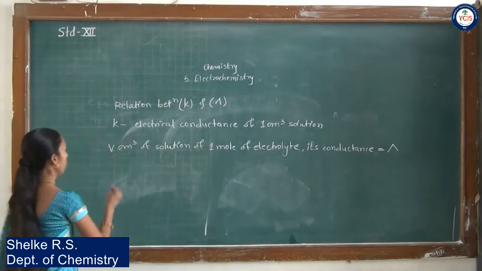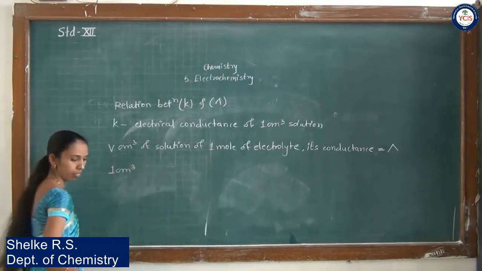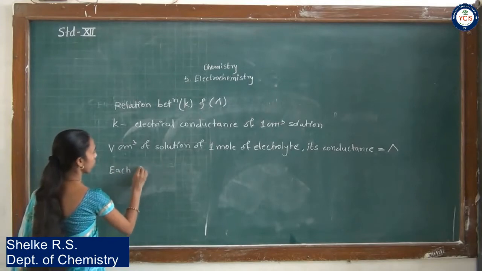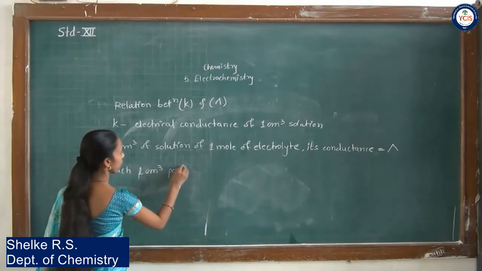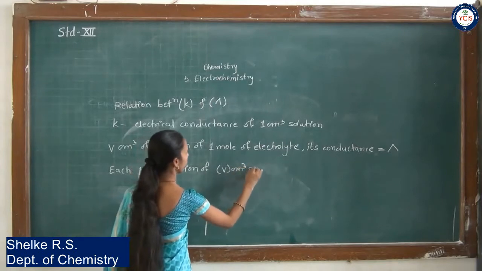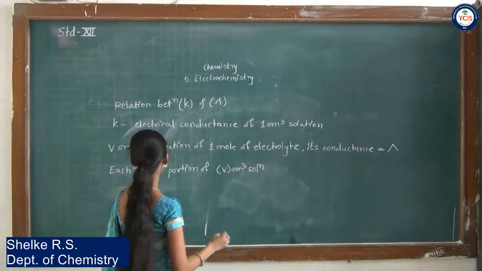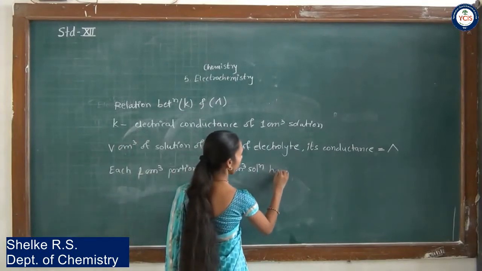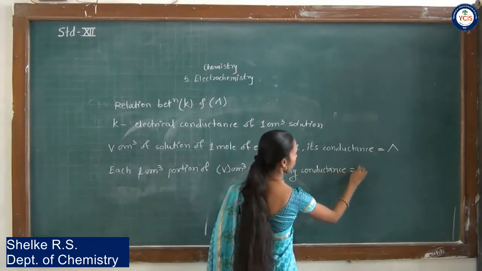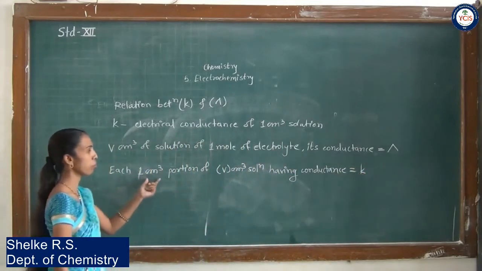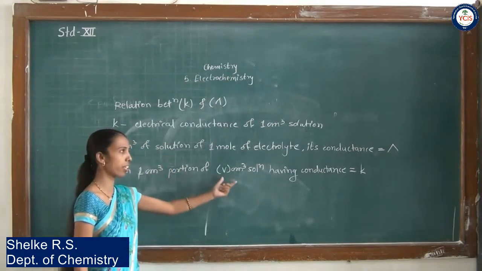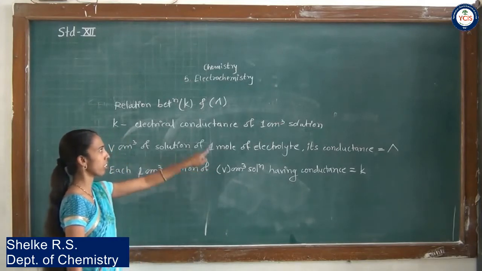K. ओके, सो we will write: each 1 cm cube portion of V cm cube solution having conductance equal to K. Okay, so each 1 cm cube portion of V cm cube solution having the conductance K. आता V cm cube मधल्या प्रत्येक 1 cm cube एवढ्या सोल्युशनचा जो कंडक्टन्स असणार आहे तो म्हणजे काय असतो? इलेक्ट्रिकल कंडक्टन्स. दॅट वी हॅव स्टडीड हिअर.